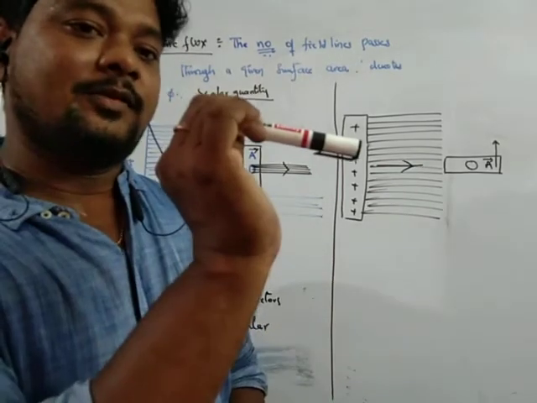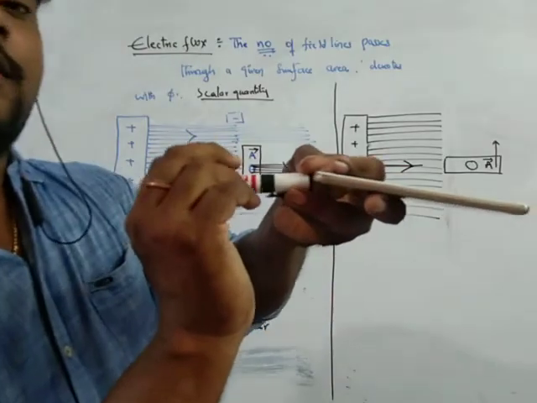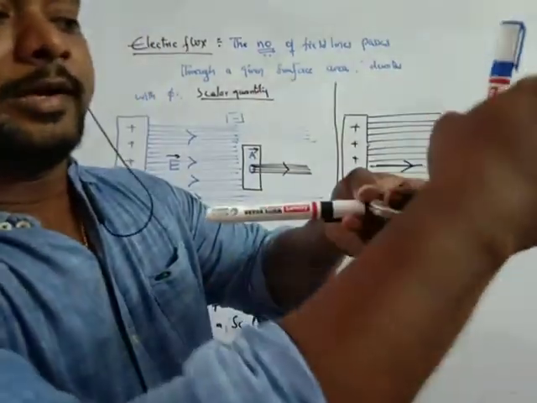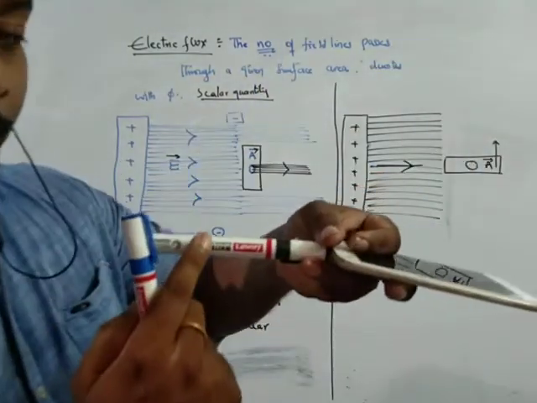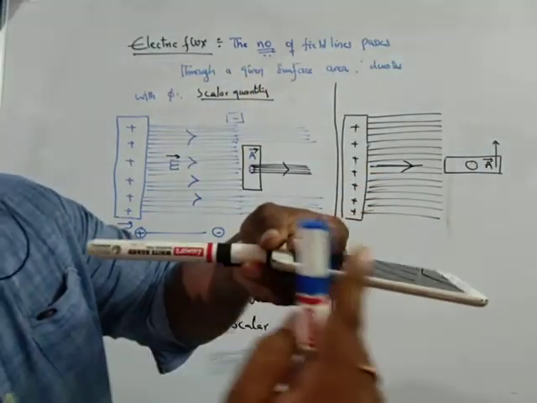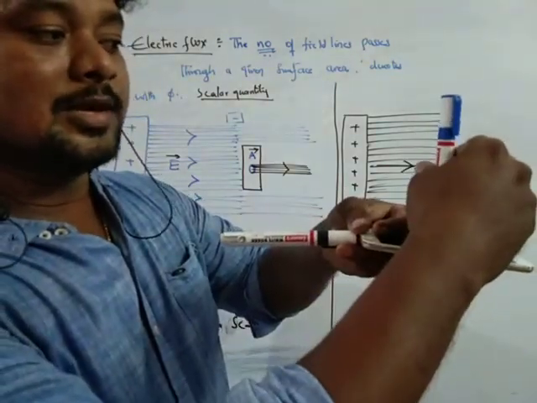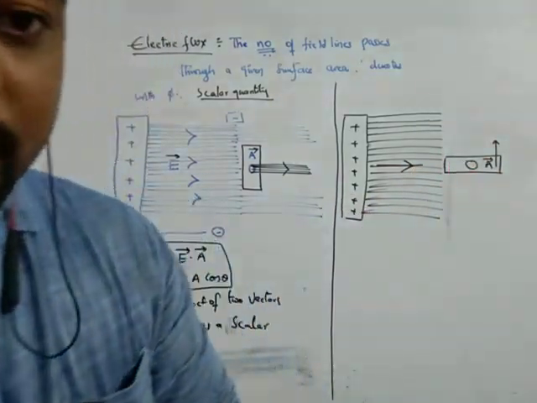Now we place a substance parallel to the field lines, and the area we place is at the top point. Field lines and substance are both parallel, and the area we consider will be perpendicular. I hope it was clear.